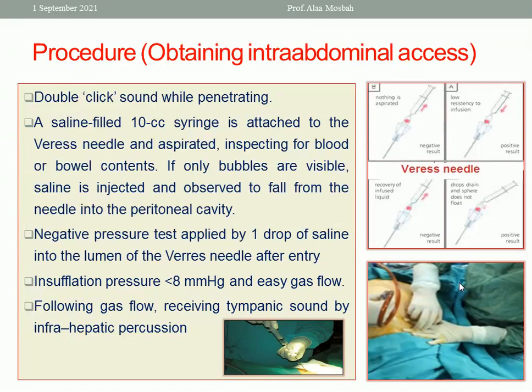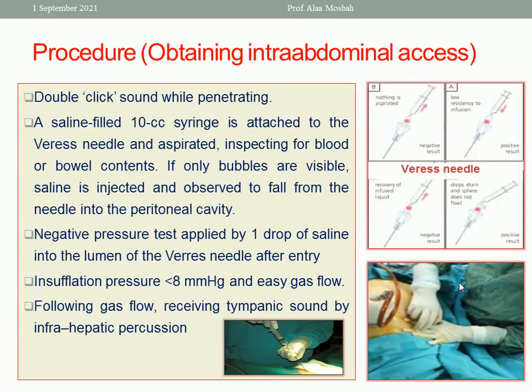Another test is to add 1 drop of saline at the top of the varus needle opening. If there is negative pressure, it will enter inside the abdomen because the intra-abdominal pressure is negative. So the drop will descend immediately.